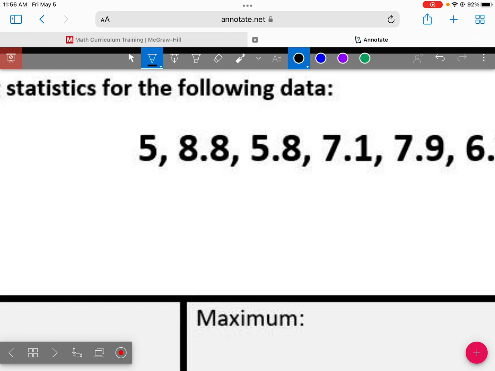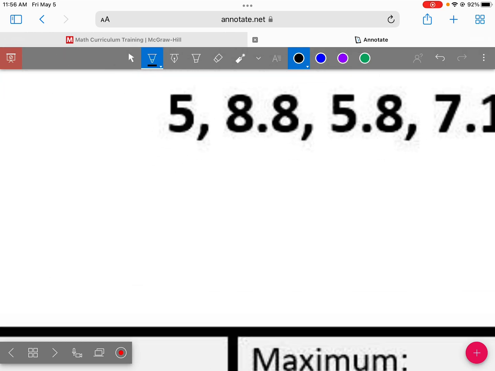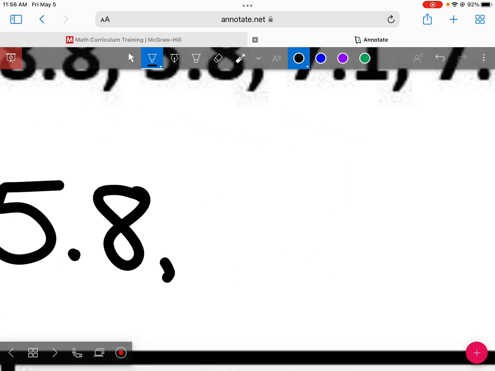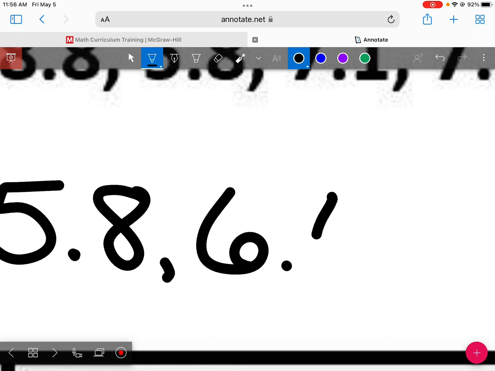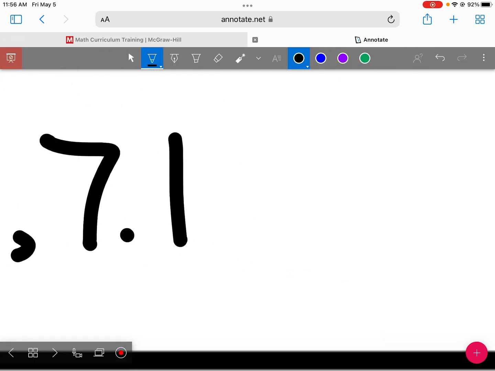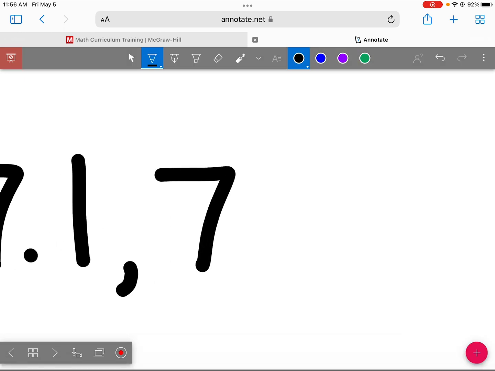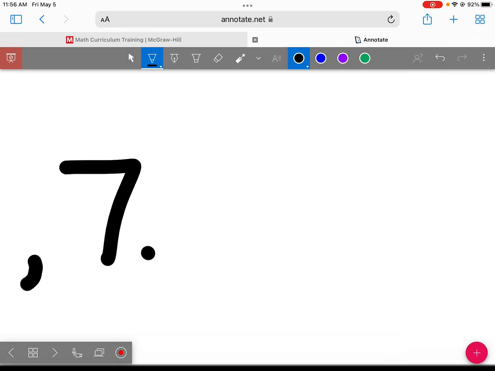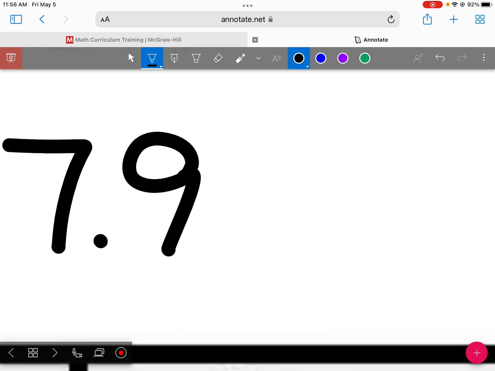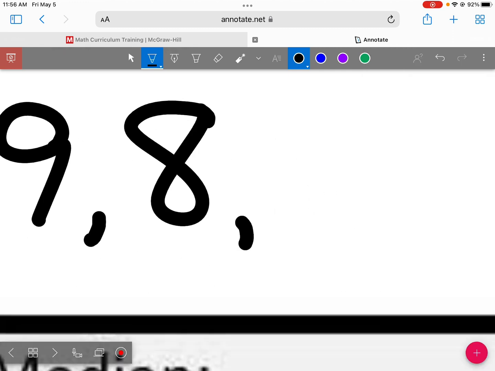What do we start with if we're going smallest to largest? 5, and then? 5.8, and then? 6.6, 7.1, 7.6, 7.9, 8, and then 8.8.